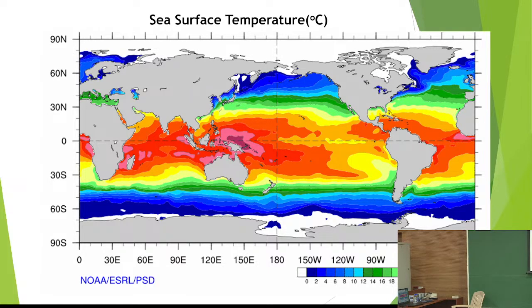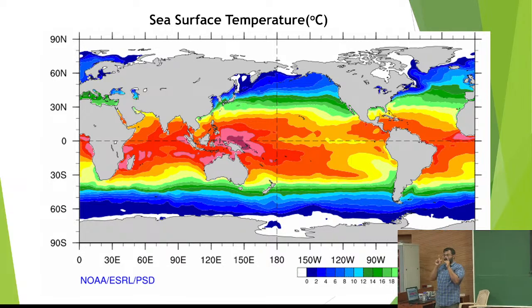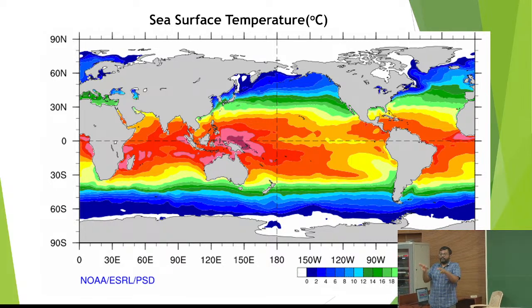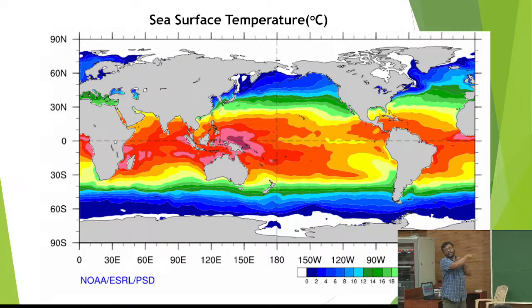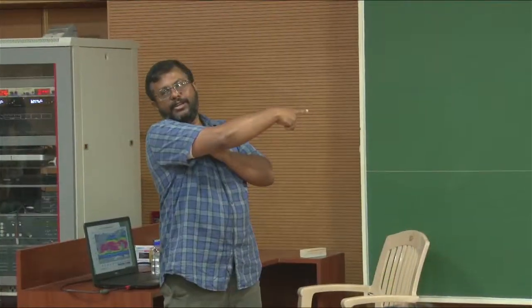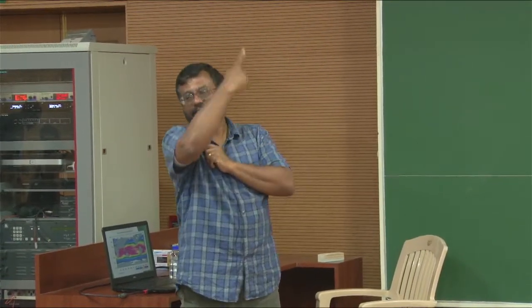The higher the temperature, the higher the chances of rain. That is why the Pacific has more rain as compared to the Atlantic. So, Pacific salinity dilutes, Atlantic salinity hardens because of the differential forcing, and the very forcing is set by the very ocean. That is why we call it a coupled system. All right.